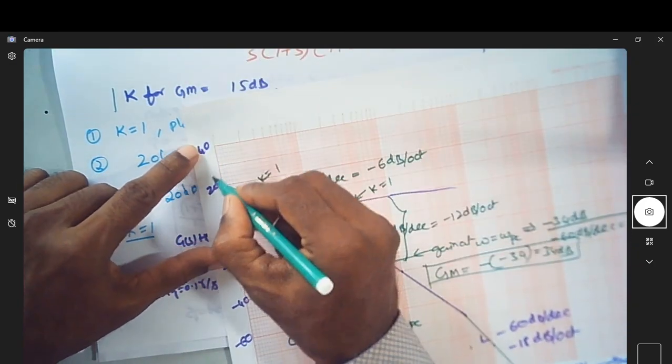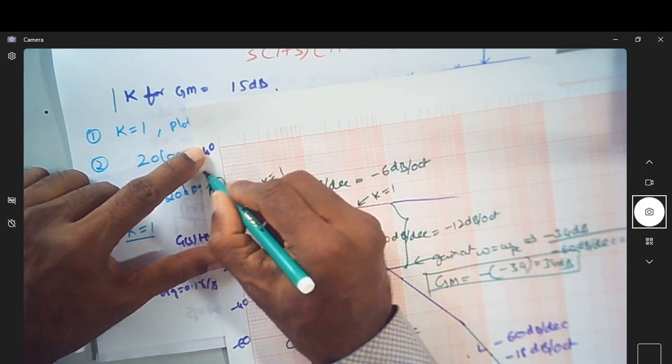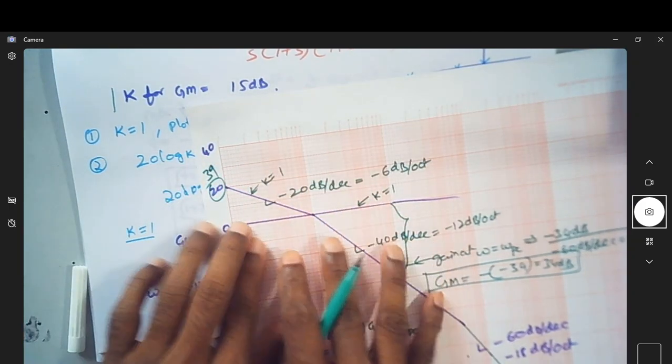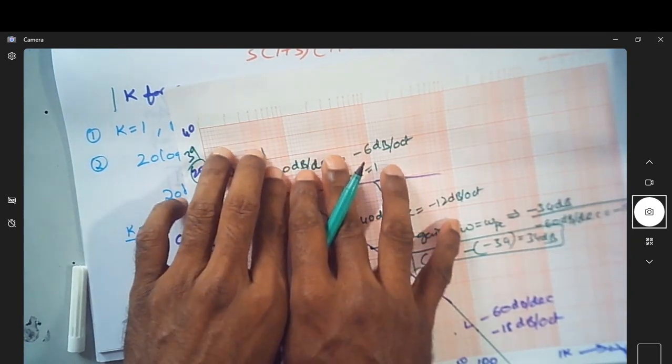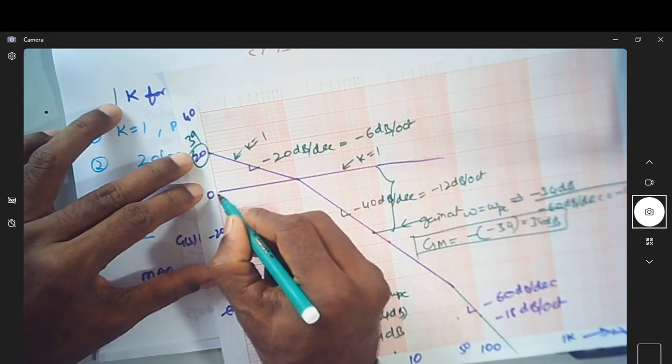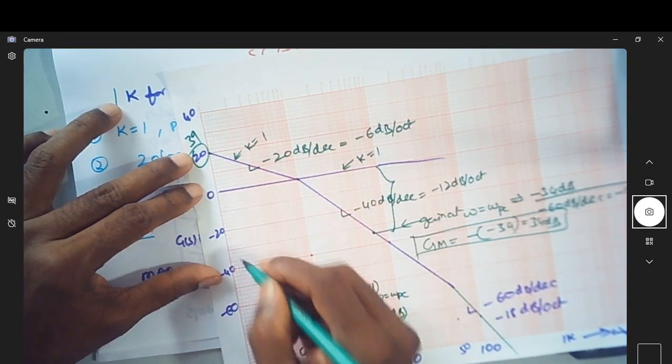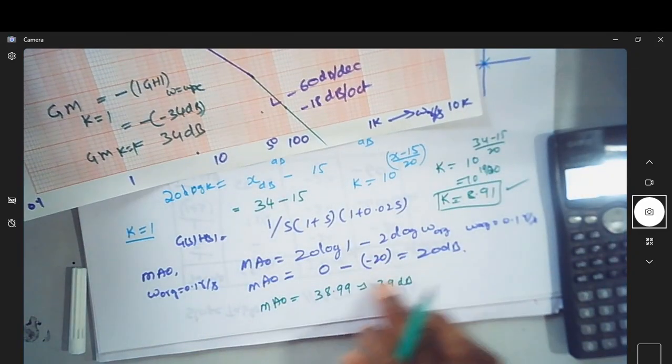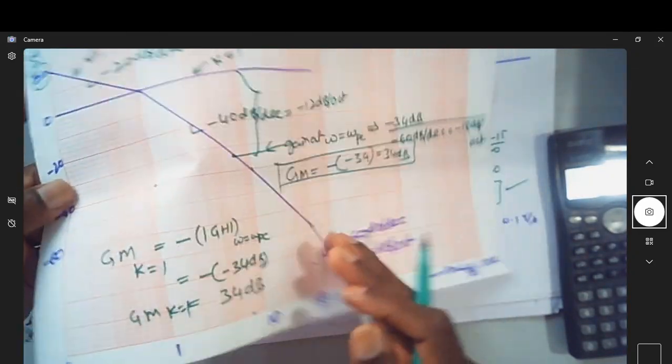Now this is the 0 dB line with k is equal to 1. Now how much are you looking for? This has to become 39 dB. So I have to shift this entire thing up. Instead of shifting this up, shall I bring this down? By how much do I need to bring down? I need to bring down by 19 dB.